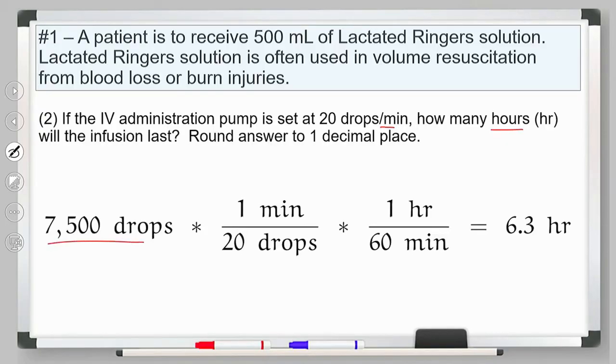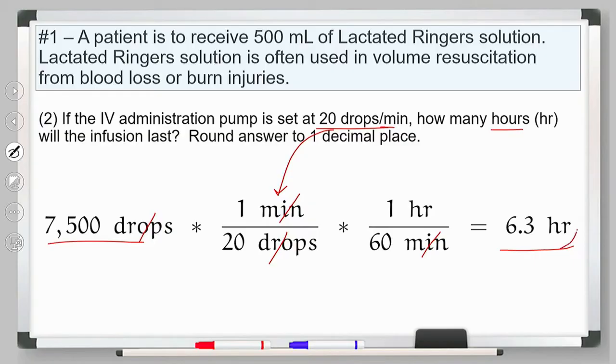So from my previous answer, if that's the volume of my bag in drops and I'm going to administer 20 drops per minute, then if I divide by the 20, drops cancel and I convert my number of drops to my number of minutes. But it wants to know time in hours, so I need to convert minutes to hours by dividing by 60. Minutes cancel, and I find that 500 milliliters is equivalent to 7,500 drops, which at an administration rate of 20 drops per minute will last 6.3 hours.